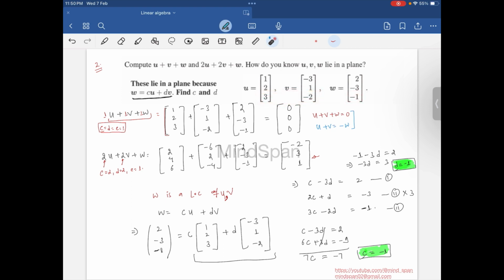So what it is telling you is that this w is nothing but the linear combination of this u and v, right?